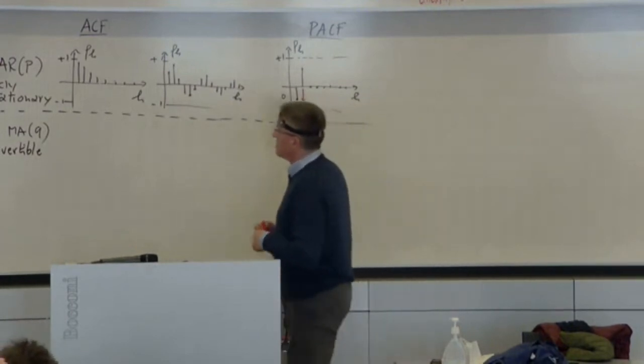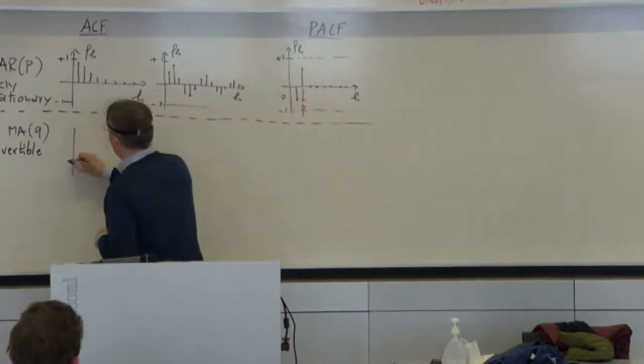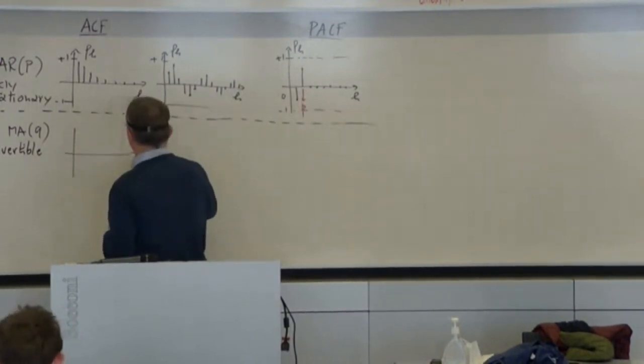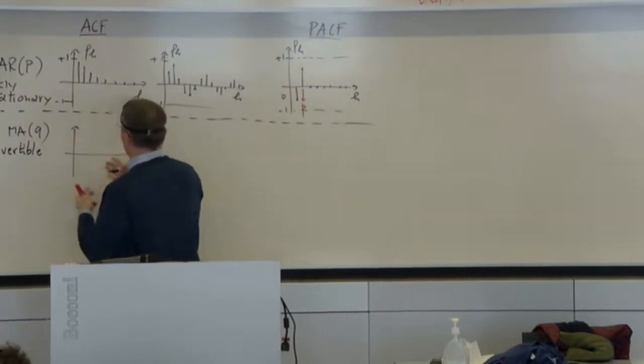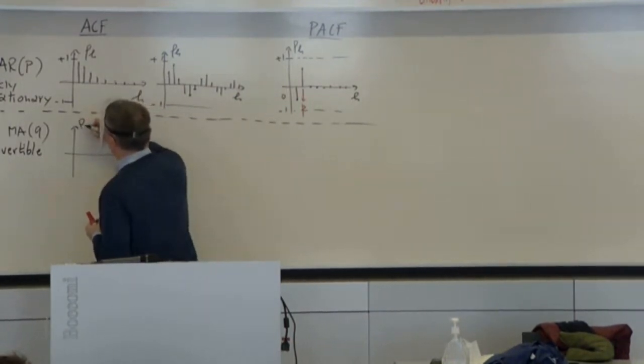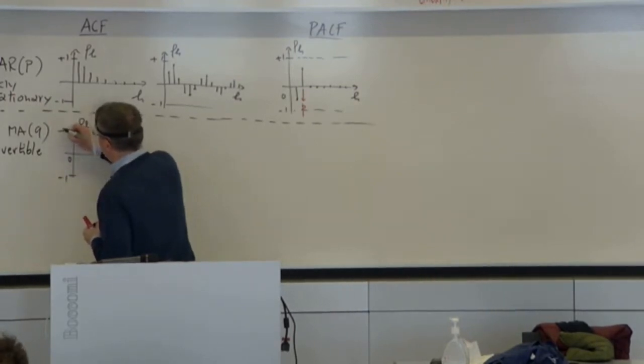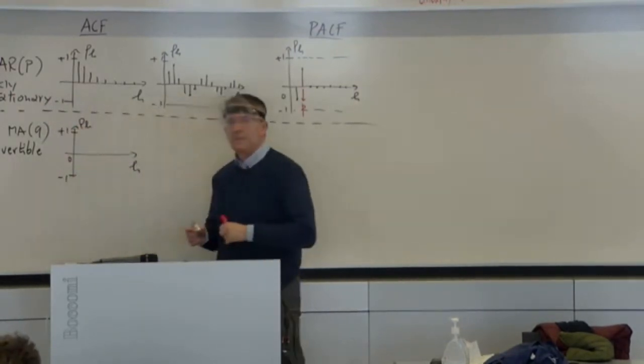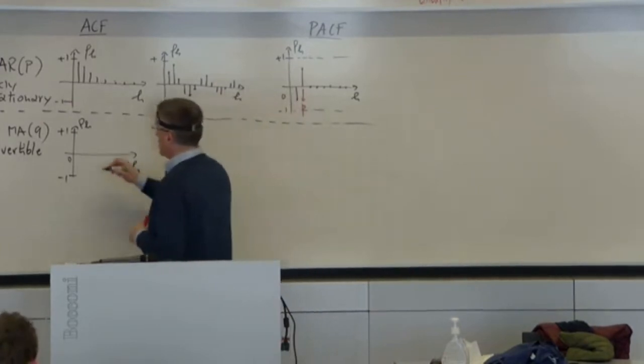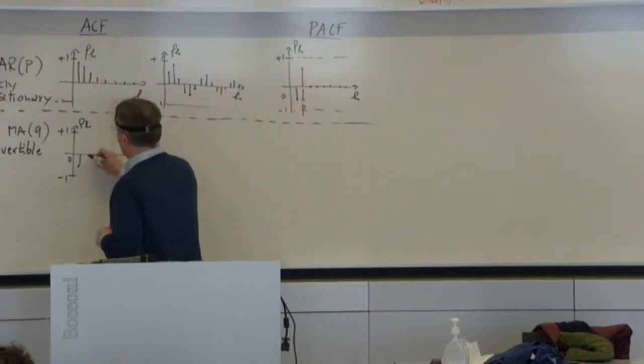So in picture, the ACF of an MA(Q) can be pretty funky. We will just write one because qualitatively it's just one that you need. So it can actually do funny things. So I don't know, like negative and bigger, then big and positive, then small, things like this.